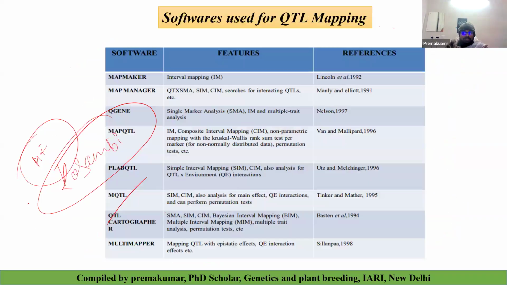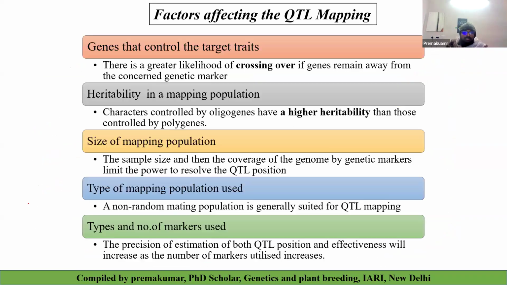Then after learning, again, what are the factors which affect your QTL map? The genes that control the trait. If you have more or less recombination, the confidence interval you get will be very large. If more recombination is possible in the population you are using, if you're using a real population, you will get a large QTL confidence interval.